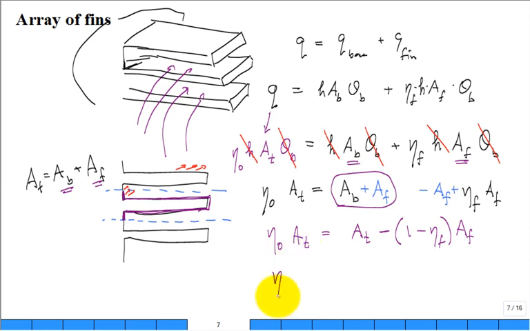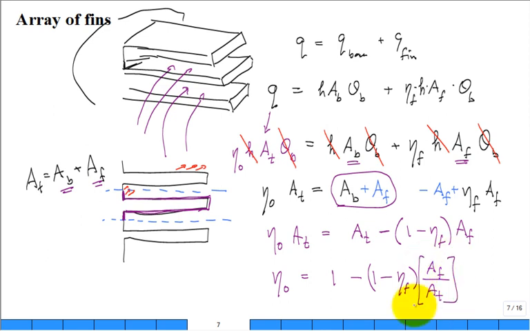So now I have one simple equation for the overall efficiency of that surface. It's equal to the area total divided by the area total, which is just 1, minus 1 minus the efficiency of each single fin, times the area of the fin divided by the area total.